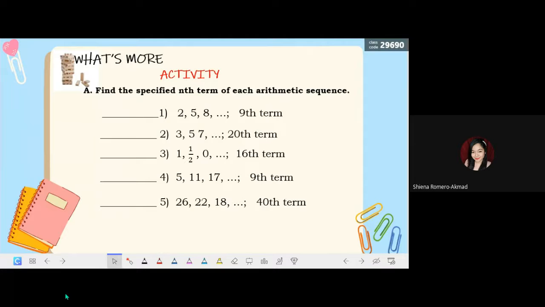And kapag nakita nyo na mababa pa yung score niyo, mag-review kayo. You can always go back to our FB Live or yung recorded video na ina-upload ko sa inyong page para balikan yung mga lessons at para mag-review.